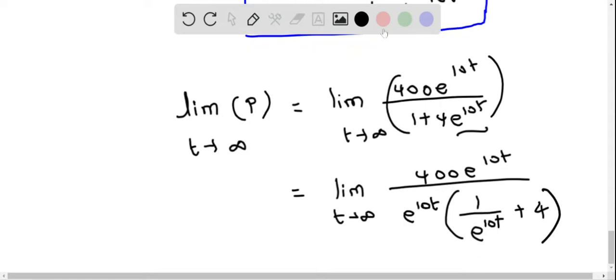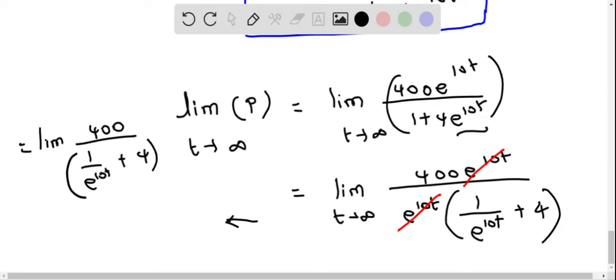Now we see that we can cancel these two terms, e power 10t and this e power 10t. And so this equals the limit of 400 over 1 by e power 10t plus 4, as t approaches infinity.